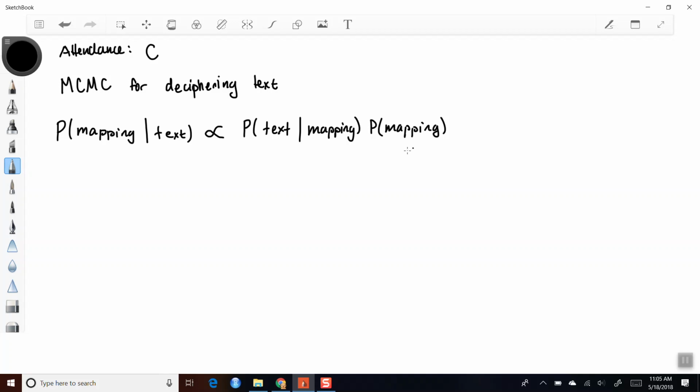But as far as our mapping goes, this will be uniform. All 26 factorial potential mappings are equally likely.